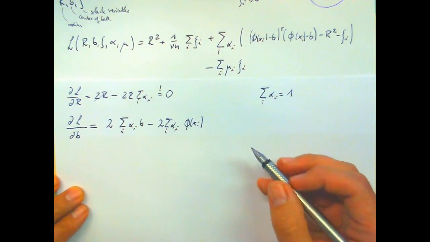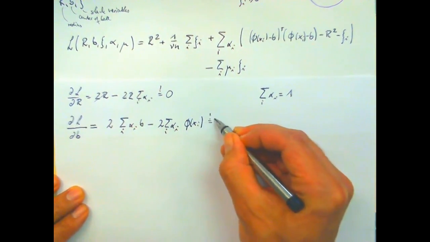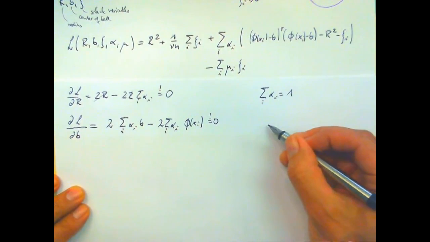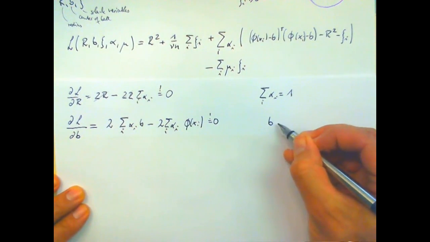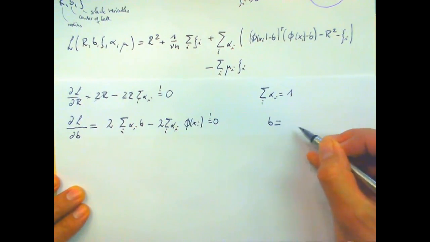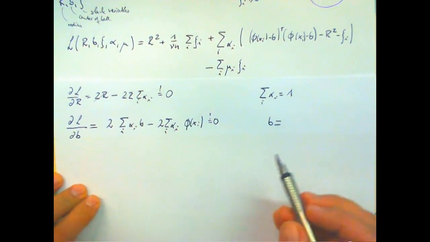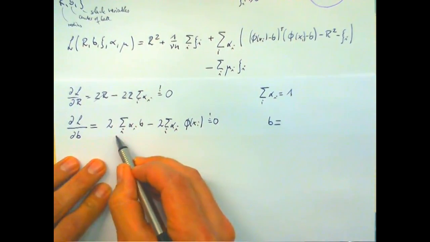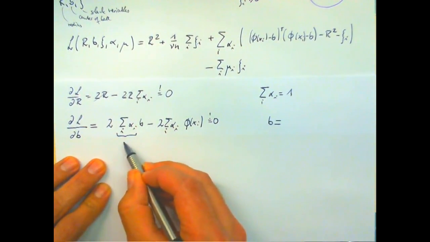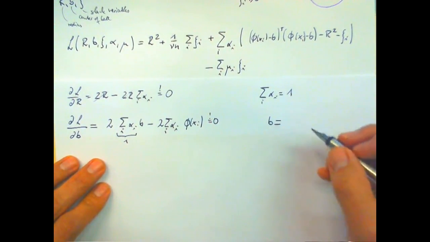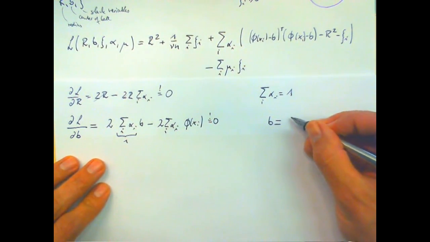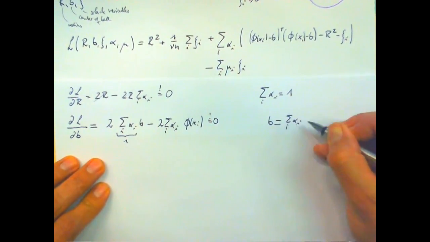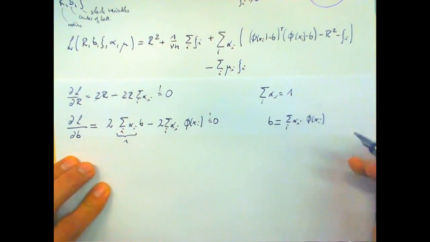Okay, and again I want this to be 0. And the equation before told me that the sum over i of alpha_i is 1. So I find that B is this.